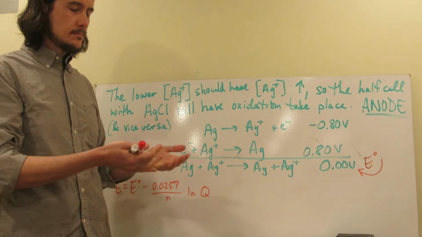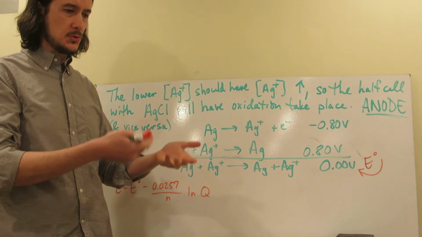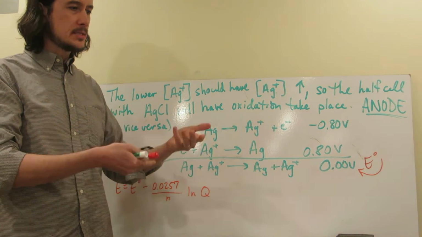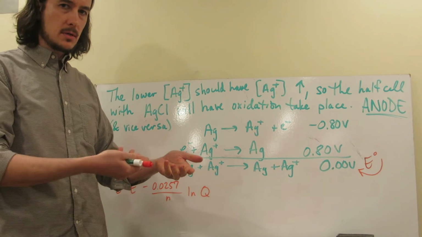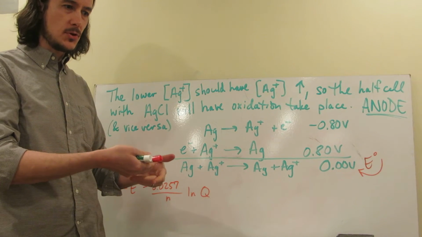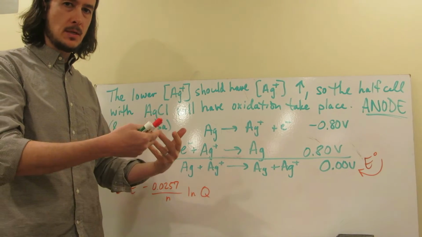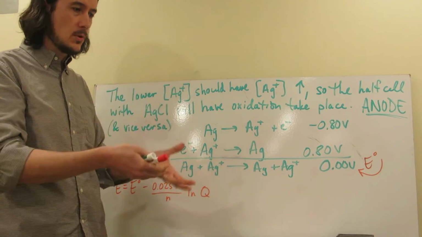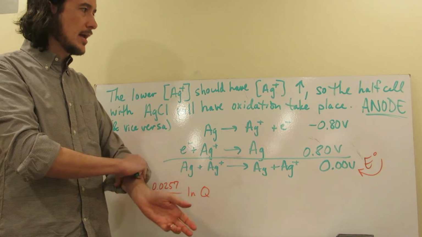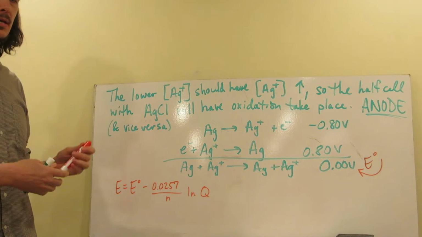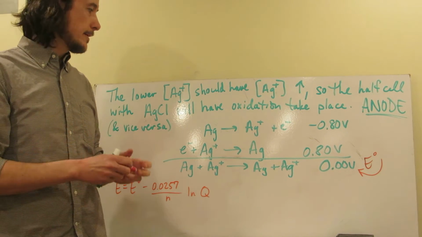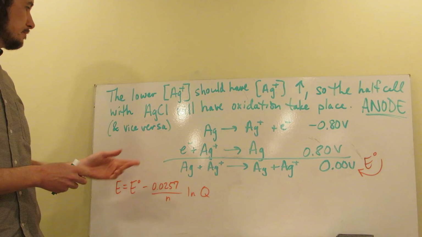So if ever you look at these two cells and it's the same ion in both half cells, whichever one is lower, that concentration is going to tend to go up. So whichever cell has the lower concentration of the ion, that's going to increase. So that's going to be where your anode is, or that'll be your anode half cell.